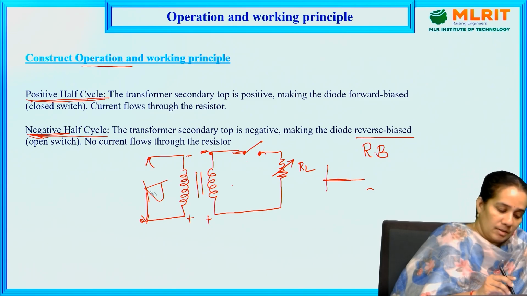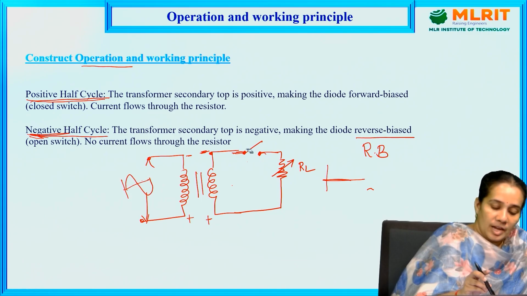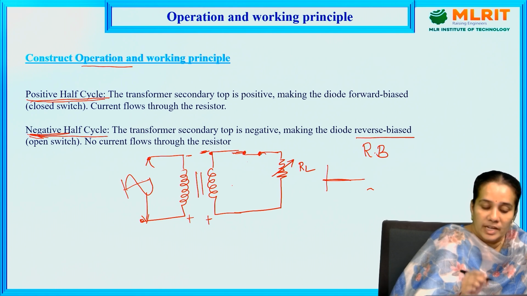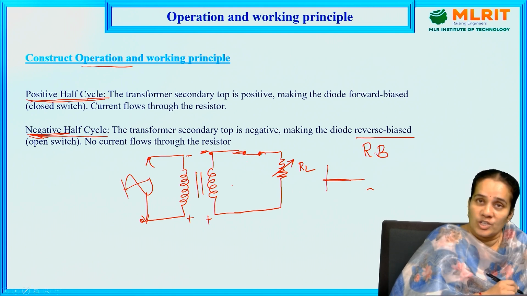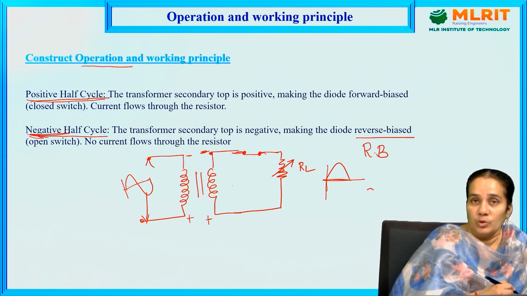Now see, if you apply both the positive half cycle and negative half cycle, what is happening? During the positive half cycle, the diode is in the on state, so the circuit becomes closed, and the output is equal to the input.